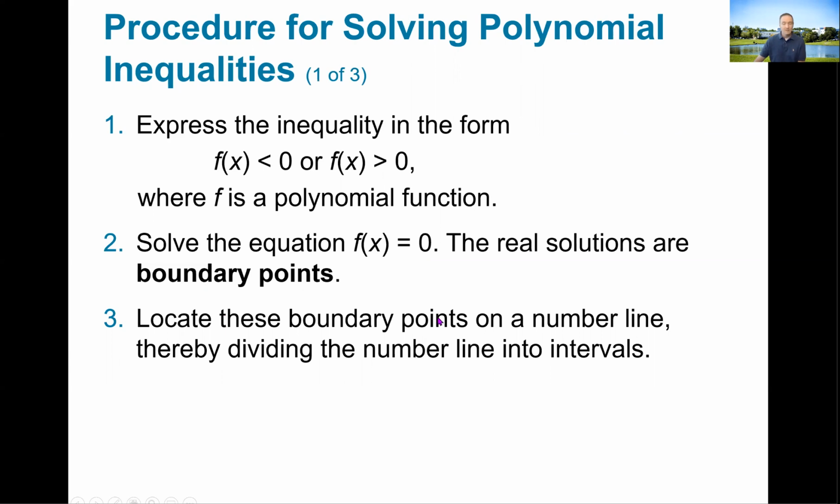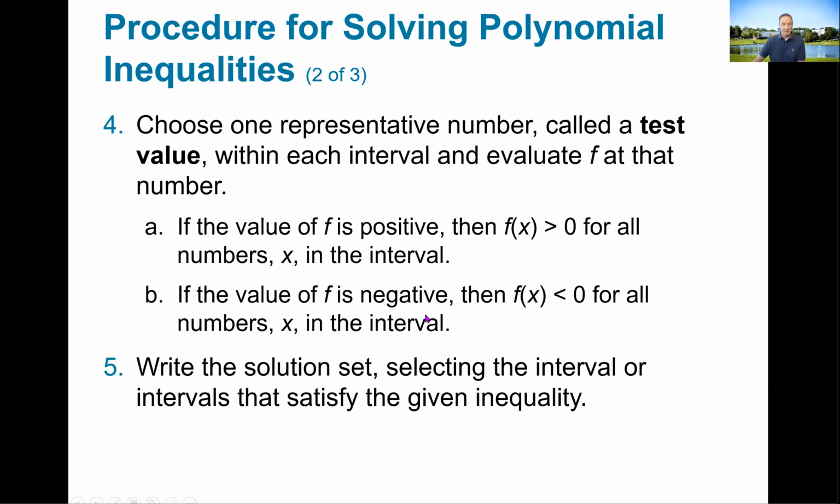So we'll locate these boundary points on a number line, and thereby dividing the number line into intervals. And then we'll choose one representative number within each interval. So if I have boundary points of -3 and 5, a good point to represent the values in between those two might be a value of x equals 1.